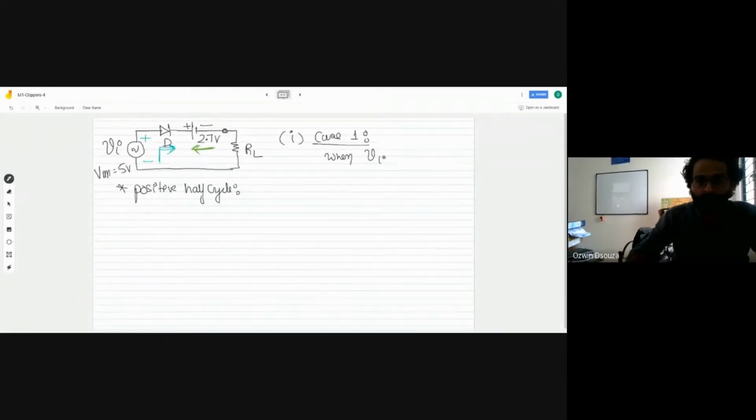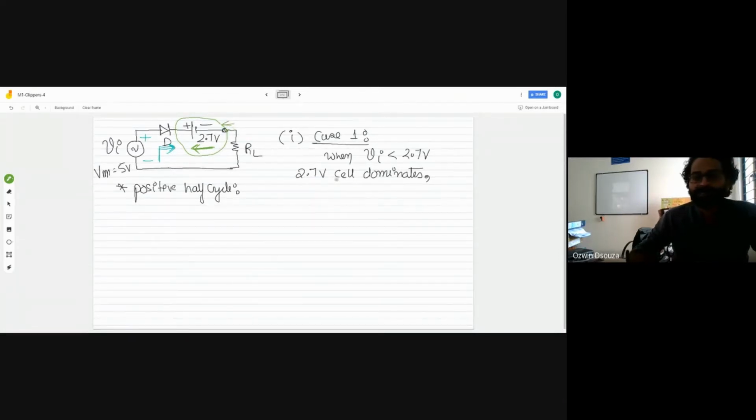When input is less than 2.7 volt, what happens to diode conduction? When your input is less than 2.7 volt, you can say that the 2.7 volt cell dominates. Let me just circle this cell.